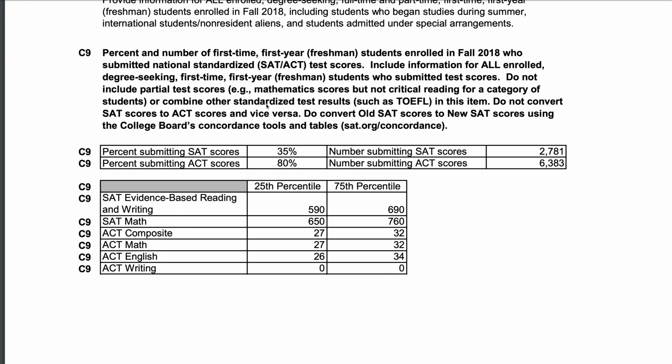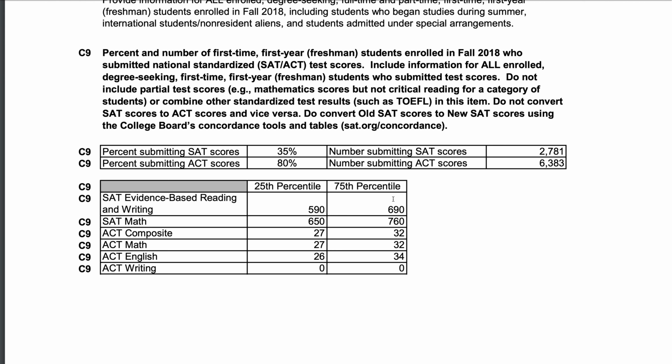So if you look at Ohio State, roughly 35% of the folks are submitting SATs and 80% of the folks are submitting ACTs. You can sort of see the numbers here. And then it's also talking about the 25th percentile and 75th percentile. So I would encourage you, if you're going to apply, you want to sort of stay closer to the 75th percentile, not be in the 25th percentile, because the higher you are, the better chances you're going to have.